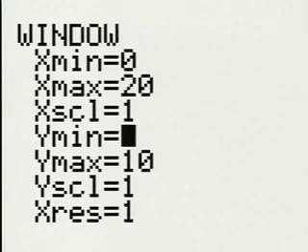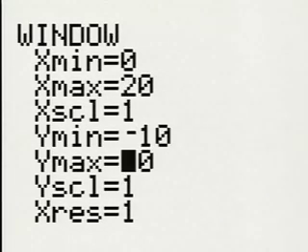Now y min, we're not sure what's going to happen, so let's go ahead and go down to negative 10 just in case. We'll keep our y max at 10 since we saw that the peak was not past 10, and we'll keep our scale at 1. Go ahead and graph that again. So we can see what's happening with our graph. It's continuing to go down as time goes on.